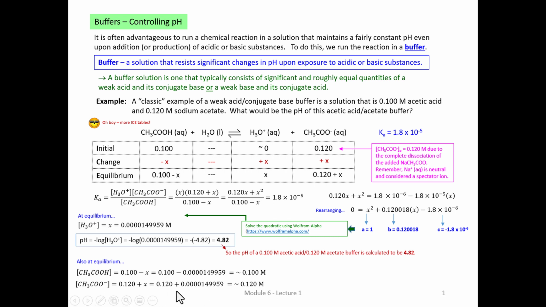It obviously does go up a little bit, but within a margin of error here, we can assume that it hasn't changed very much at all. So oddly enough, we can assume that the acetic acid and acetate haven't moved hardly at all from their initial values, and we say this is due to what's called the common ion effect, which we'll expand upon on the next slide.